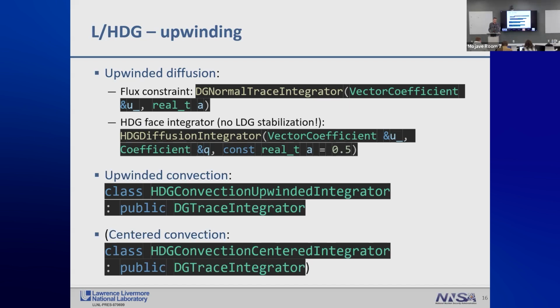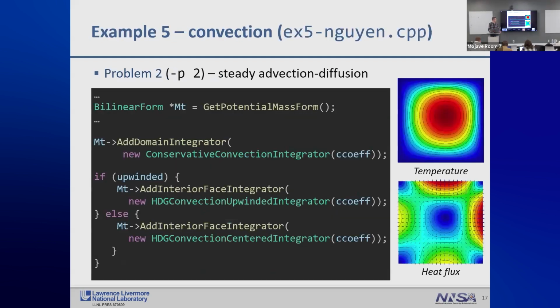Or you may use centered convection, because actually for HDG, even the centered scheme for convection is fully stable. So here's an example based on the problem from the paper. It gives a steady state advection diffusion problem with a manufactured solution. And you might see you need to add only these few lines.